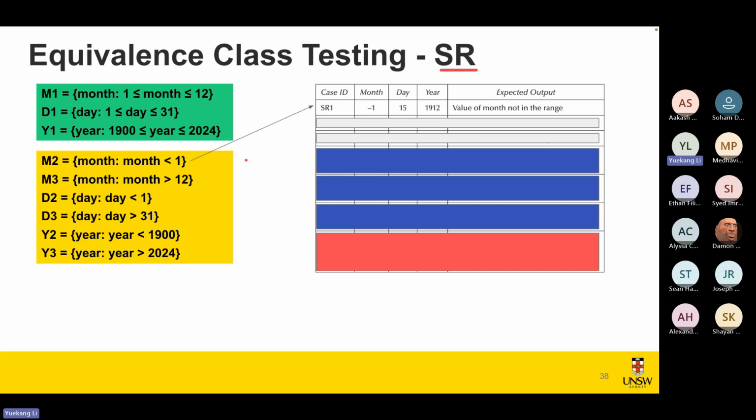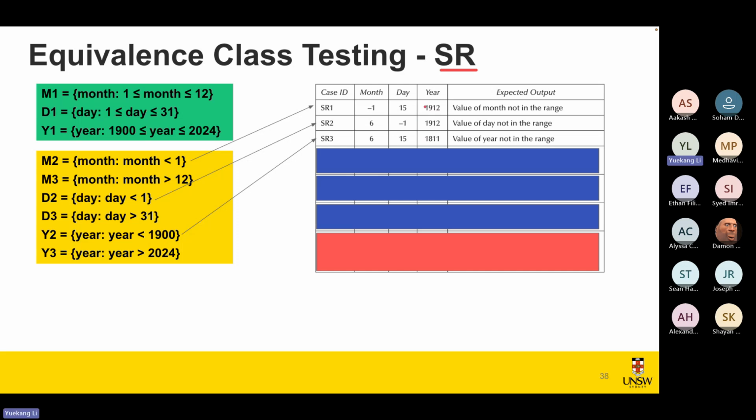First we can make use of the invalid equivalence class of months here, and then the equivalence class of day here, and then the equivalence class of year here. So we tested that, okay. This covers the case where one value is invalid.